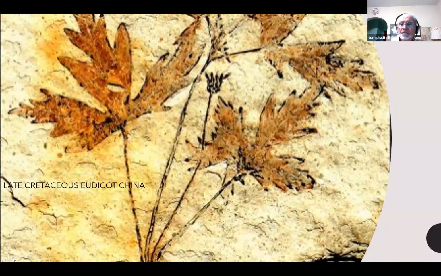The development of genetics has begun to unravel some of the mystery, but much remains unknown. And here you see an early late Cretaceous eudicot from China. If you look in between the two major leaves in the middle, you see the flower there. Next picture, please.